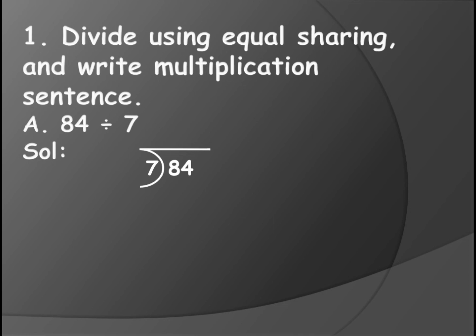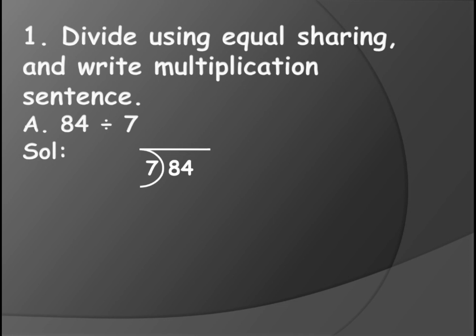We don't have. 7 ones are 7, 7 twos are 14, which is a very big number for 8, isn't it? So what we have to do, we have to take the less number but which is nearer to 8.